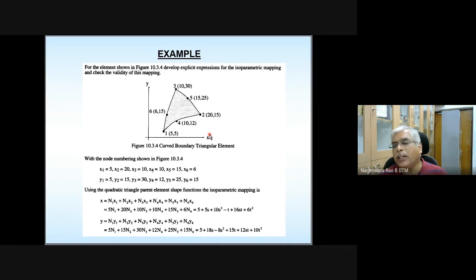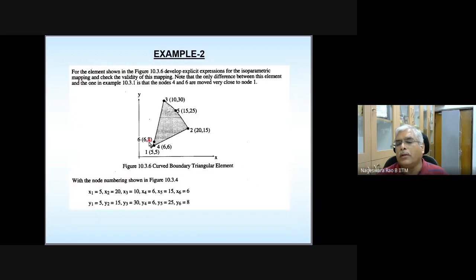Okay, so you need to maintain a certain distance. You should not be too close. So in mathematics also, that is reflected here in finite elements. If the nodes are too close, it is going to affect your solution. These two nodes are intentionally made too close to see the effect.